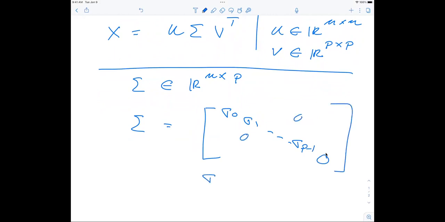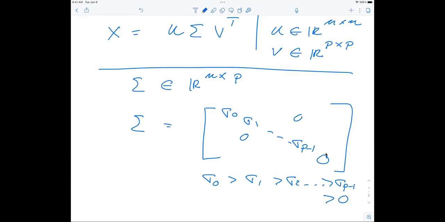And sigma 0 is larger than sigma 1, larger than sigma 2, and larger than sigma p minus 1, which we assume to all be larger than 0. I'm not proving the singular value decomposition theorem. We are just going to use it in our context here.